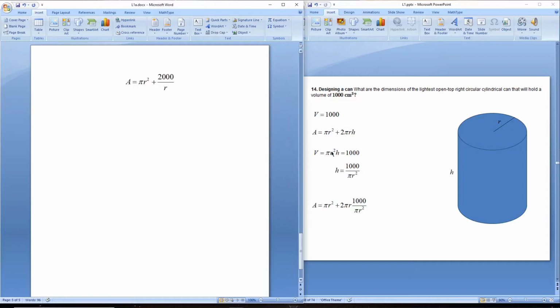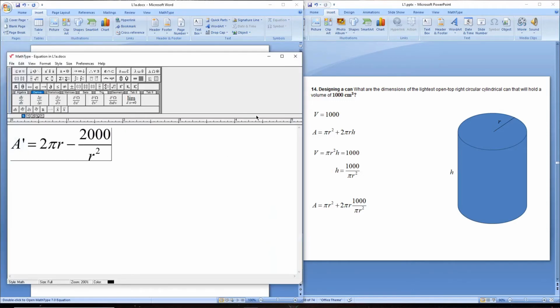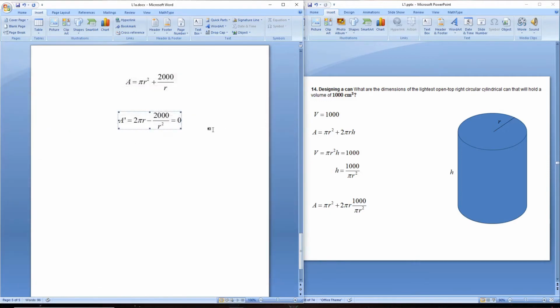So the pi's will cancel out, some r's will cancel. And then take that derivative. And then once we have the derivative, we're solving for extrema, so we'll set that equal to 0, and then we'll solve that for r.